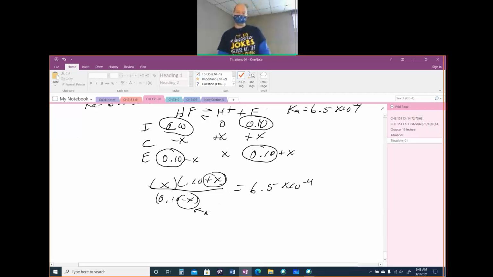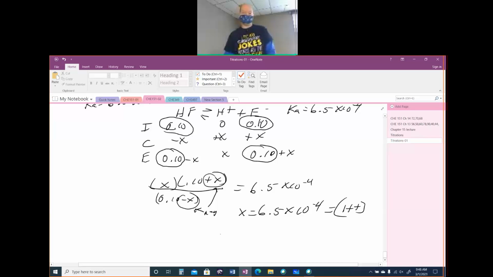I will neglect my X values that are plus and minus, and I get X is equal to 6.5 times 10 to the minus 4. That is my concentration of H plus. And so the question was calculate the pH. pH is equal to the negative log of 6.5 times 10 to the negative 4, which is a 3.19.